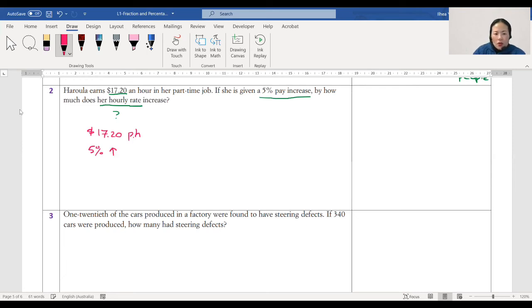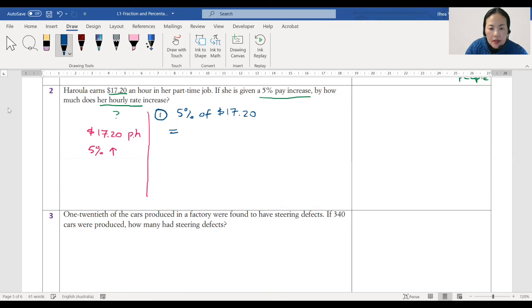Okay, so there are two ways of doing this. So I'm going to write, first way is to find the 5% of $17.20 first. And then we're going to add that 5% onto $17.20.